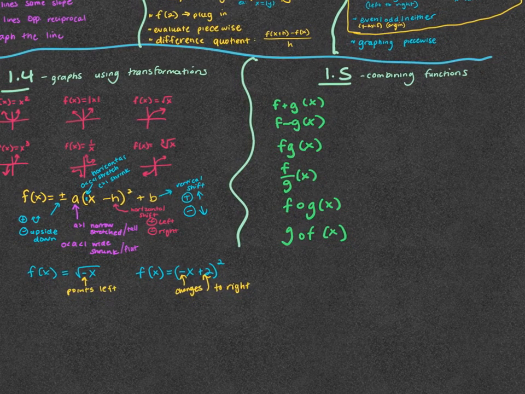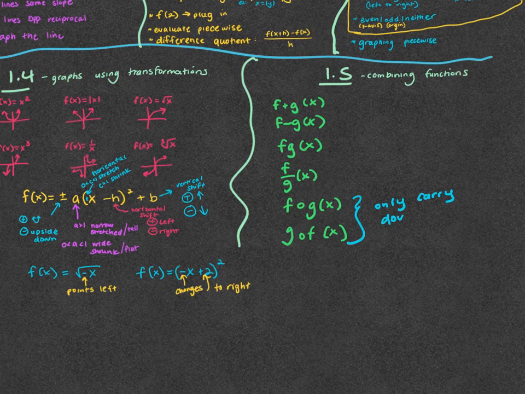Remember that if it's part of the initial, it gets carried down for the individual parts, but if it's a composite, only carry down the function on the right. And then ask yourself if there's an initial domain restriction based on your resultant function.